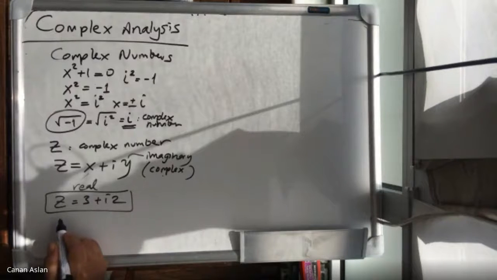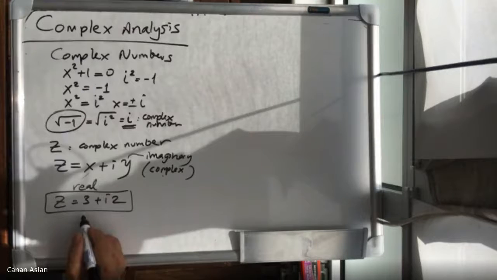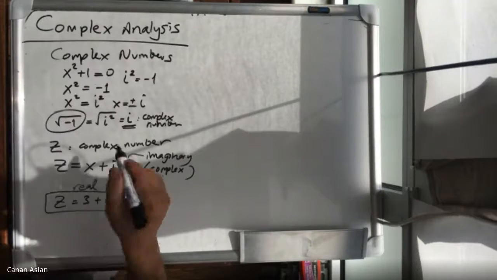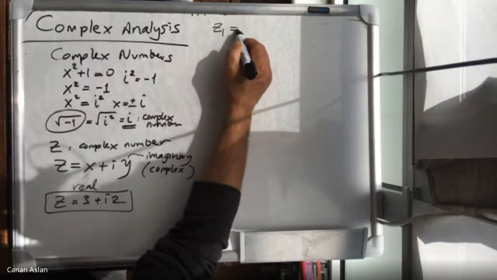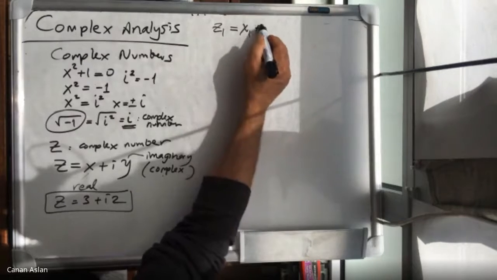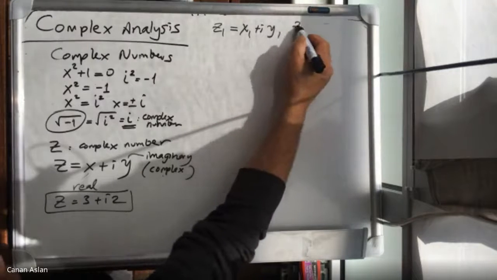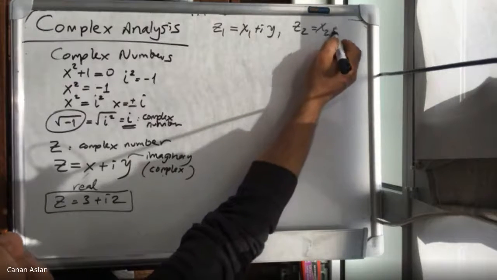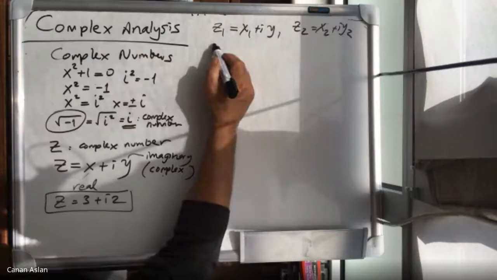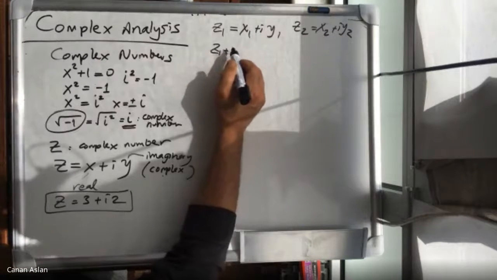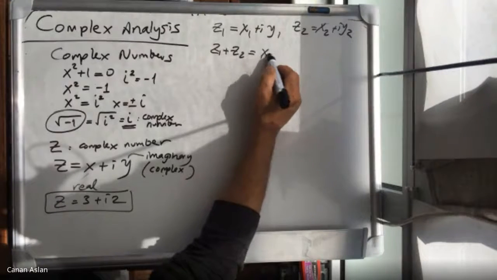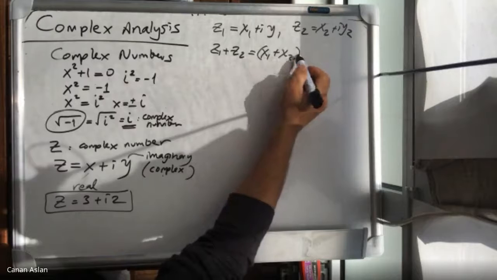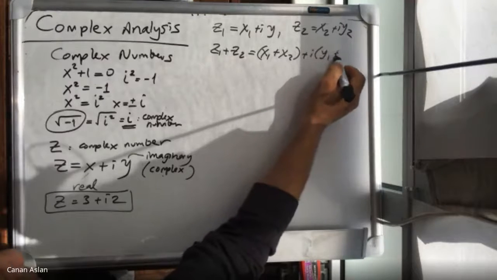So we can now start by doing some operations between two complex numbers. One is just, if z1 is given by x1 plus i y1 and z2 as x2 plus i y2, then z1 plus z2 will give you x1 plus x2 plus i times y1 plus y2.